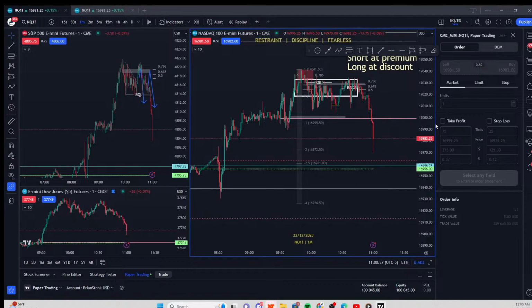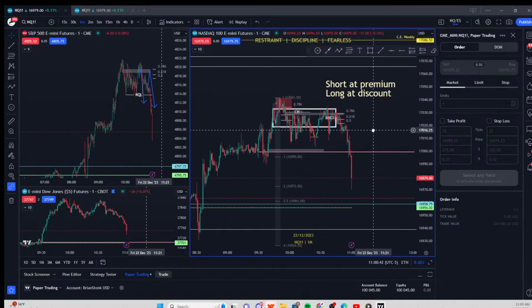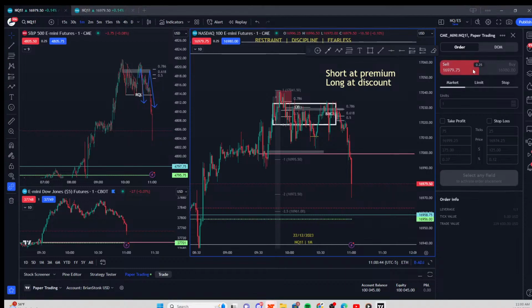This is not bad though. I think today overall, I don't think I want to really trade that much. I think it's just more like demo maybe.